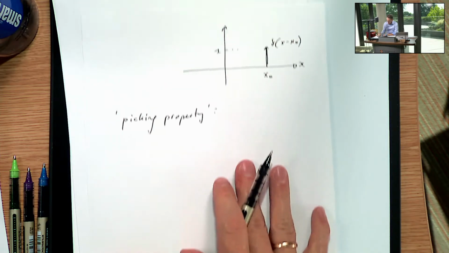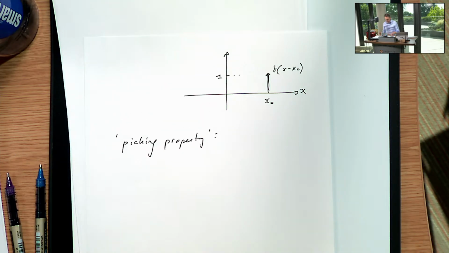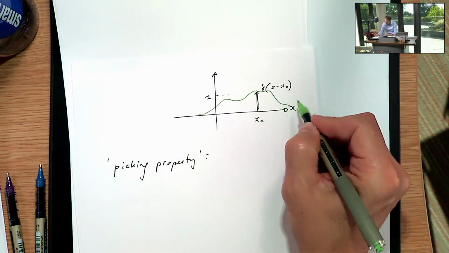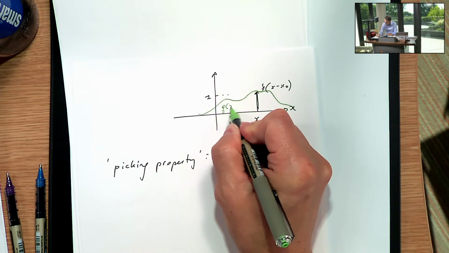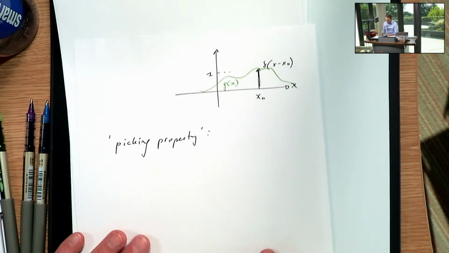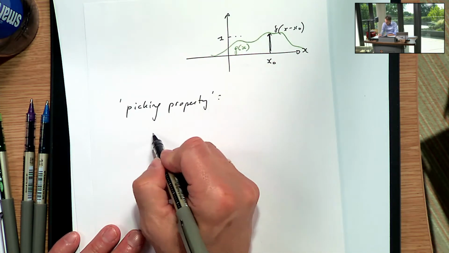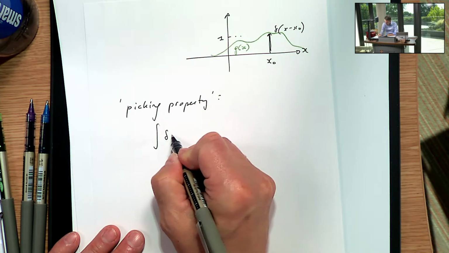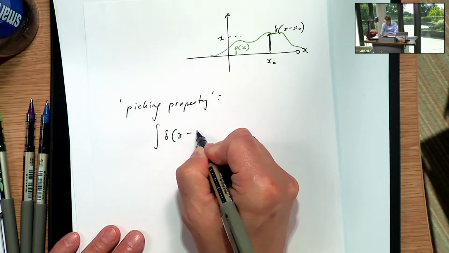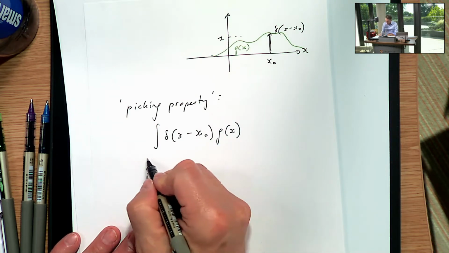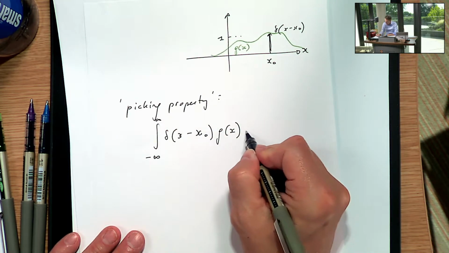Because if I have a function, let's suppose I have a function g of x, and I have this delta function here, and I now integrate delta of x minus x naught times g of x from minus infinity to infinity dx.